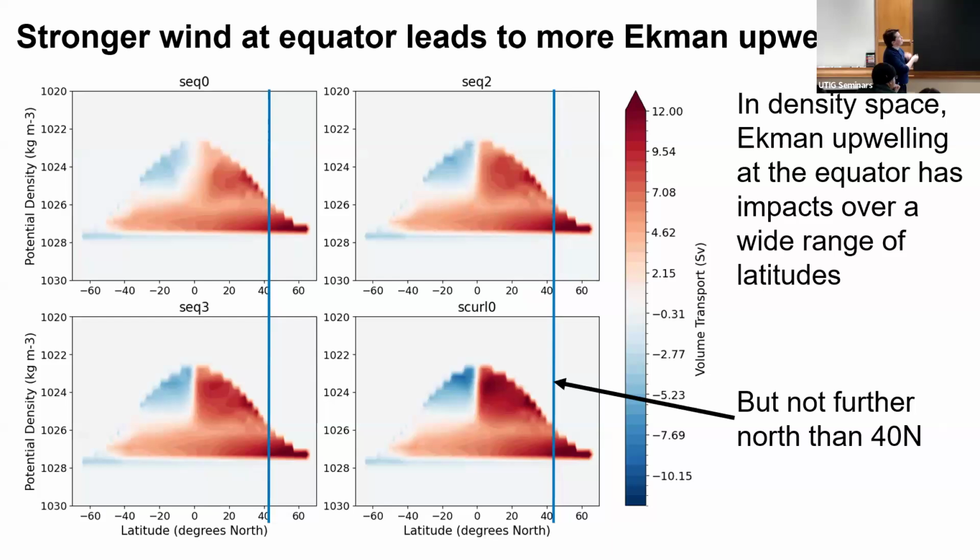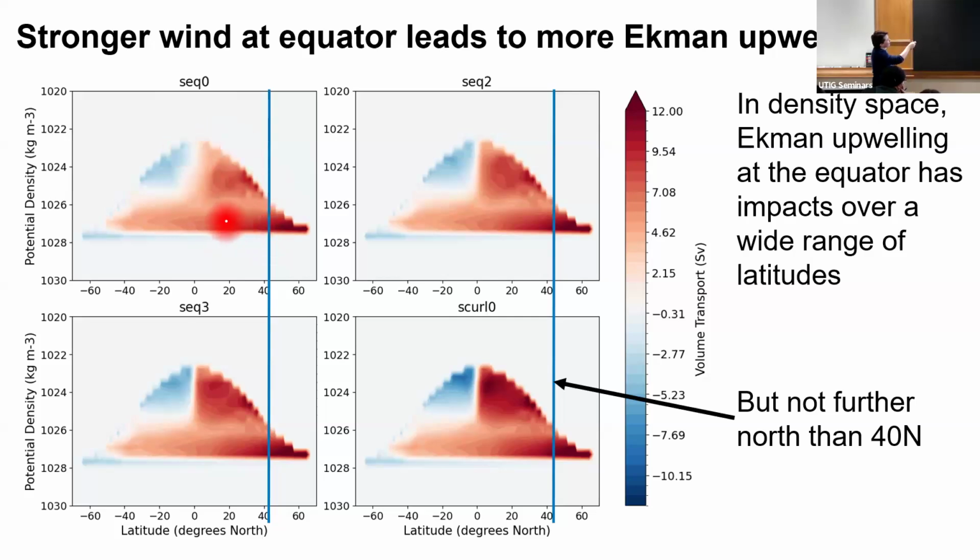And then we plotted these things in density space, and it's okay if you find reading these hard. I find reading these hard, and I look at them all the time. So basically, right, this is the circulation, this is density, this is latitude, right? And the AMOC is the red cell. And what we're looking at is how much does this change?